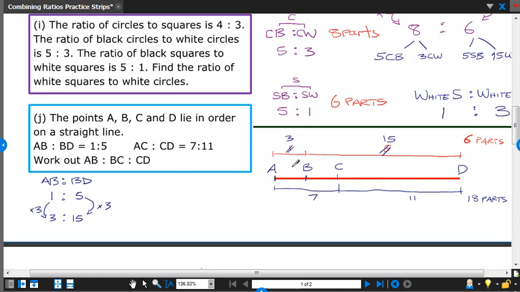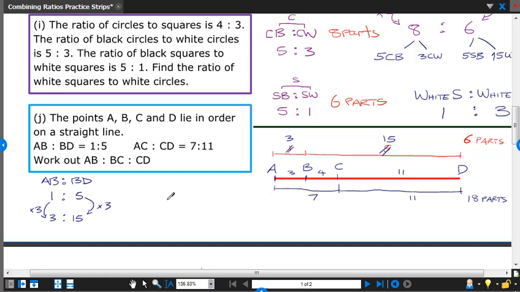So, if A to B is 3, what's the distance from B to C? Well, that's 3. So if that's 7, that has to be 4, right? Now, if the distance from D to C is 11, and that's 4, so then we have 15, and then we have 3, so that's 18.